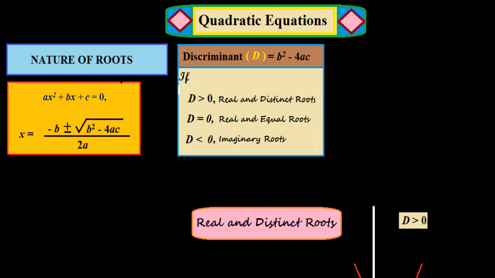Now I will explain geometrically how these roots come. You see here, real and distinct roots, D is greater than 0. If D is greater than 0, we have a function like this, y is equal to ax square plus bx plus c. This is the quadratic function we have. Now if we assume that y is equal to 0, the intersecting points on the x-axis will show the values of x.